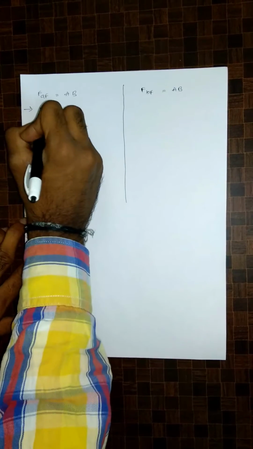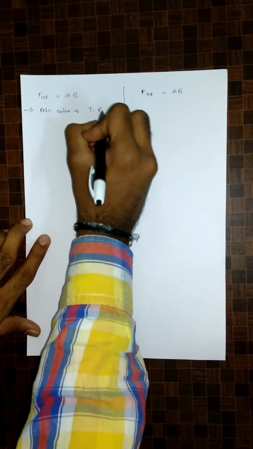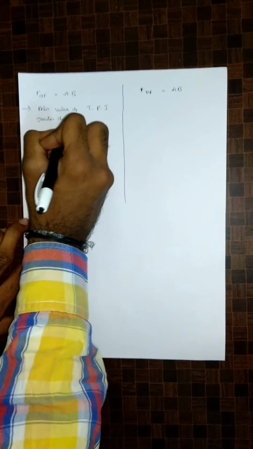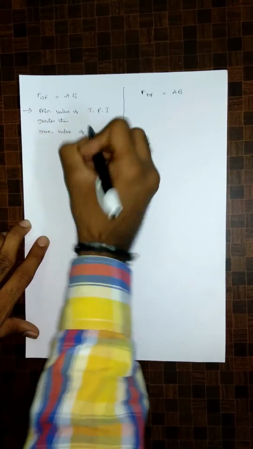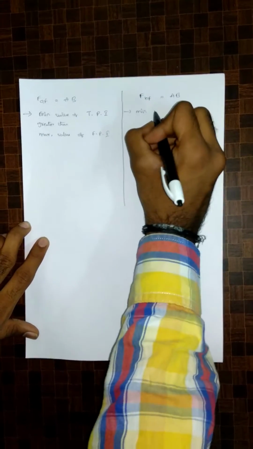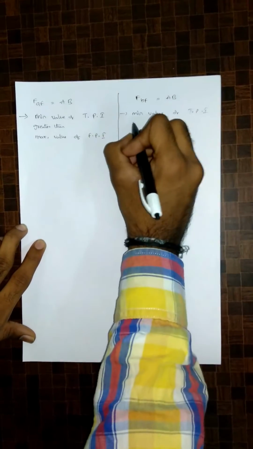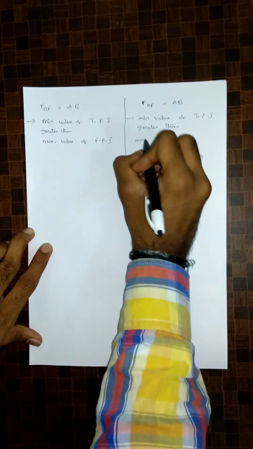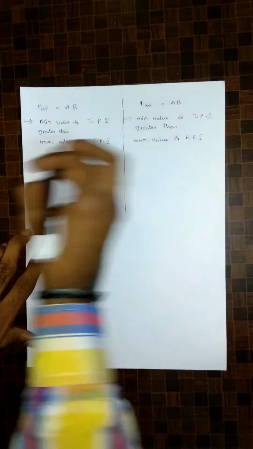We must know that the minimum value of the true prime implicants must be greater than the maximum value of the false prime implicants, and the same applies here also.